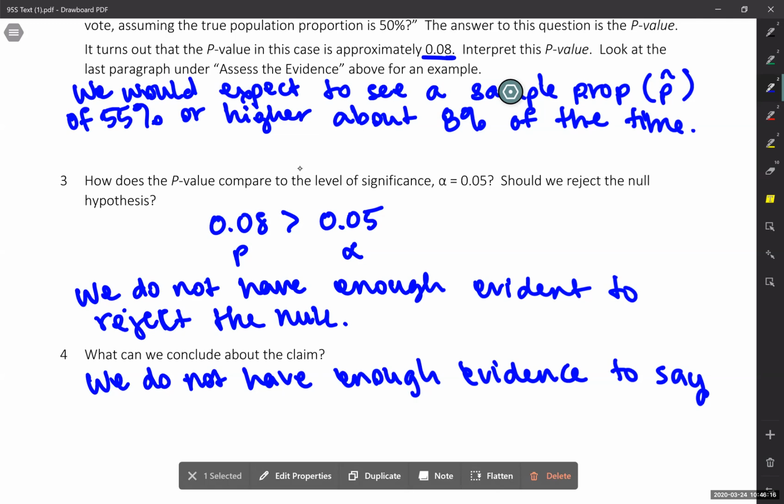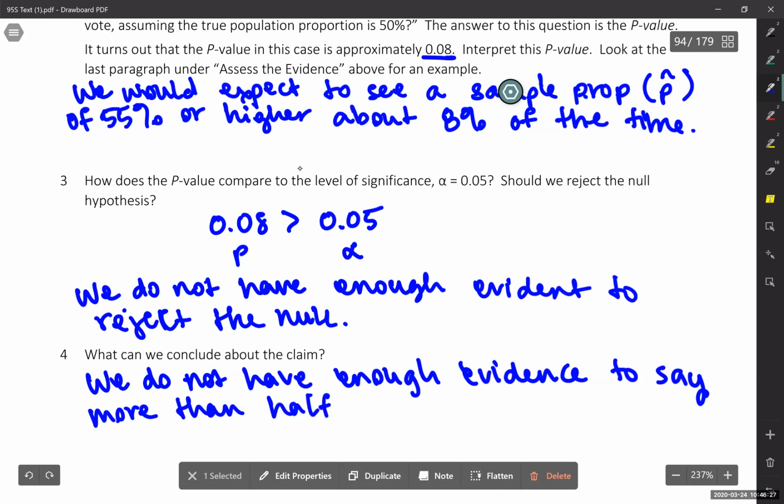So we're just going to say the claim here: we do not have enough evidence to say more than half of all students.